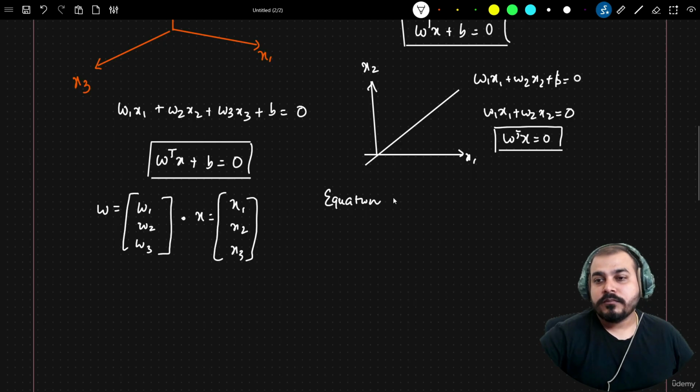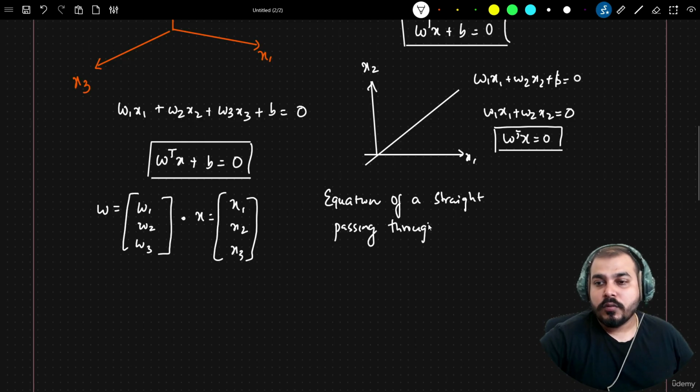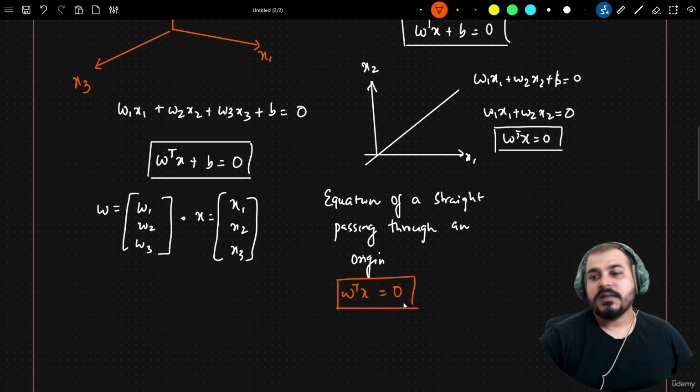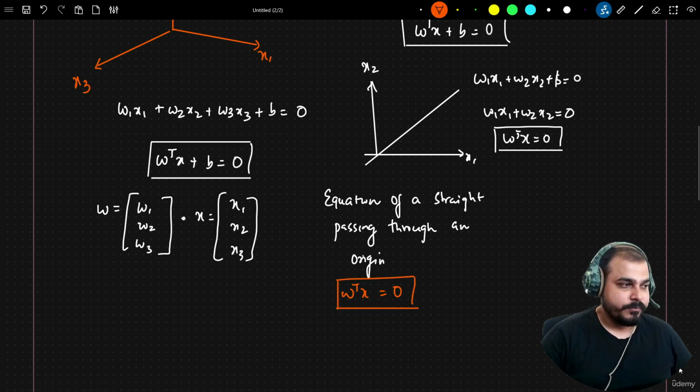So the equation of a straight line passing through the origin is given by w transpose x is equal to 0. Okay, this is nothing but the equation of a straight line.